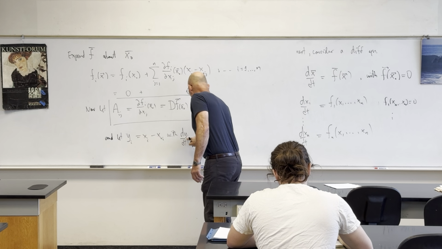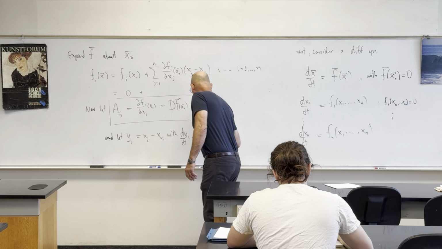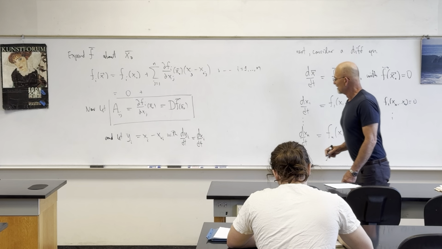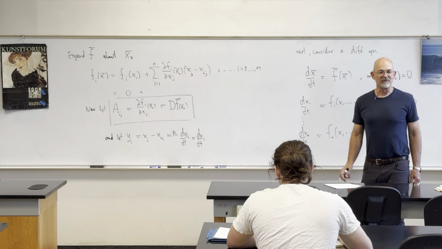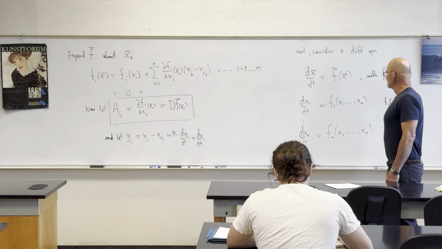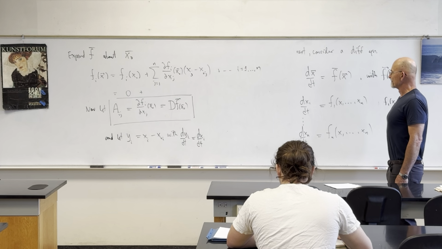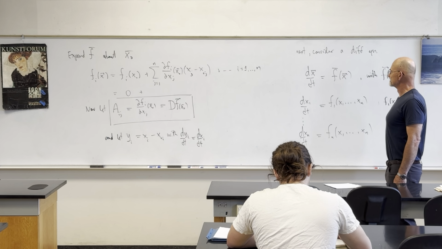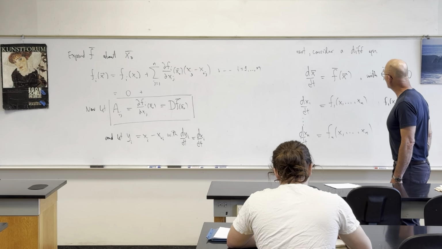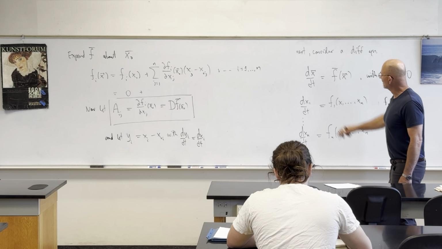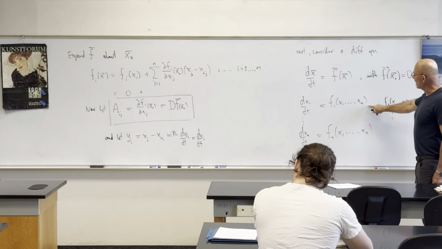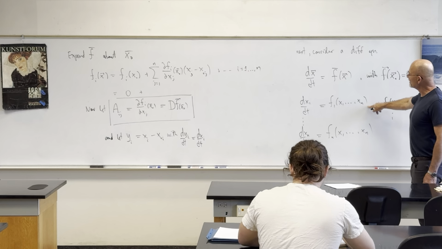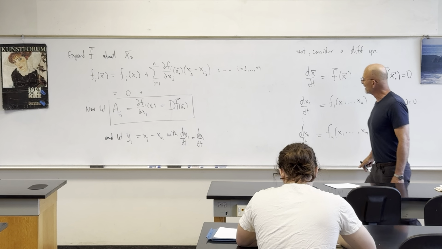Okay. This is actually a process we've done often in various situations. So if we put all this together, I'll just take that square there on the board. We're going to have the linearization of this differential equation.